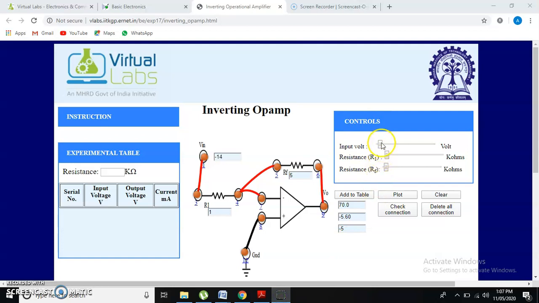First we'll keep the value of the input at, let us say, 2 volt. If the input is adjusted to 2 volt, we'll see what is the output voltage.